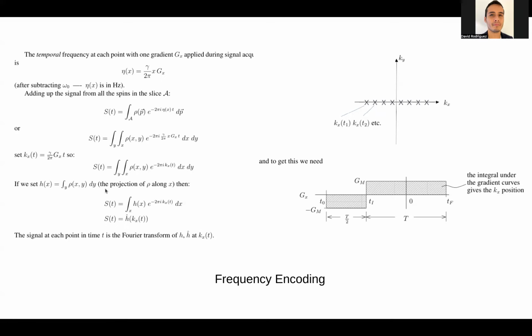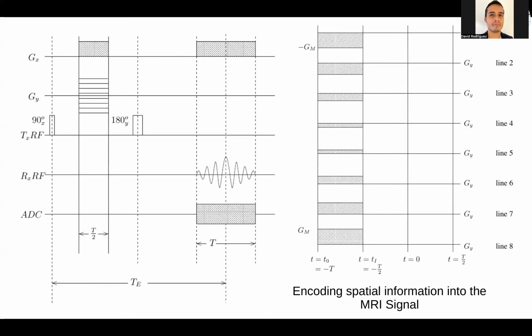May I ask a question? Okay, sure. Looking at the diagram in the previous slide, I'm wondering, when you are sampling with the ADC, is it needed to sample the full RF signal, or is it enough to just get the envelope of that signal?